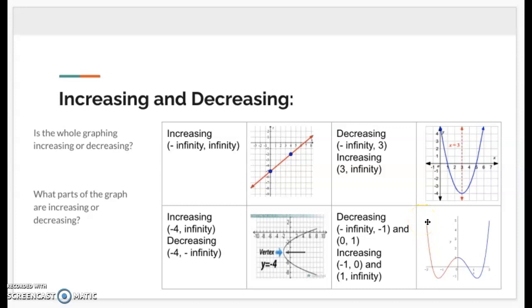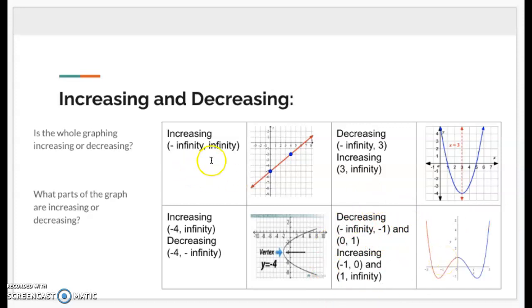So negative infinity all the way down to -1 is decreasing. From -1 to 0 is increasing. From 0 to +1 is decreasing. Then +1 to infinity is increasing. So notice I have 4 different intervals here.